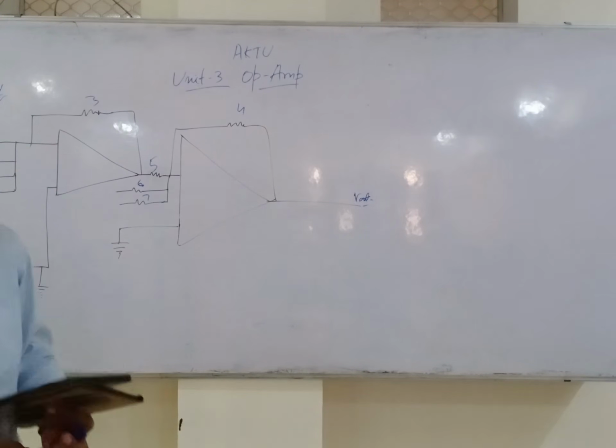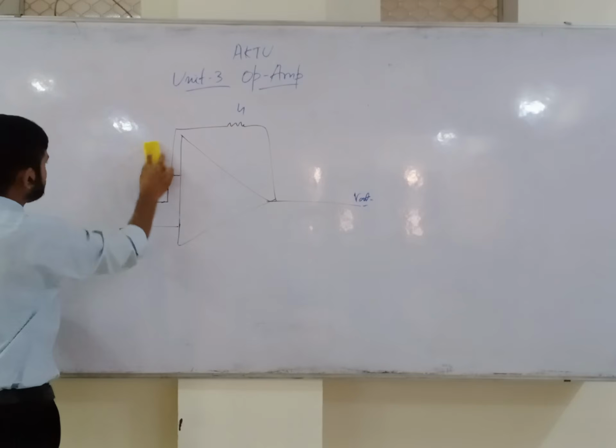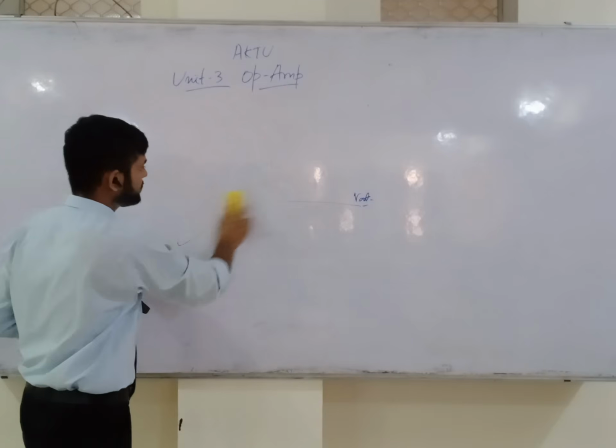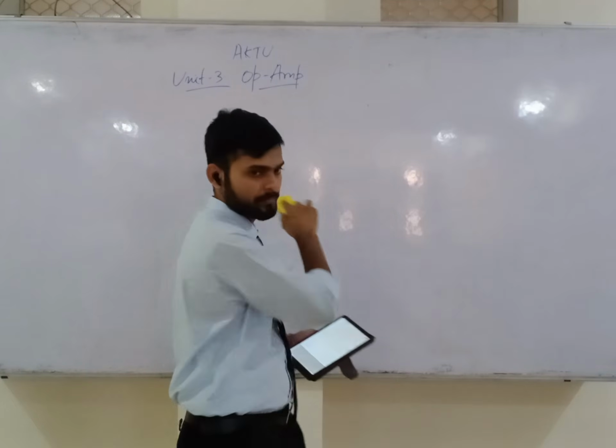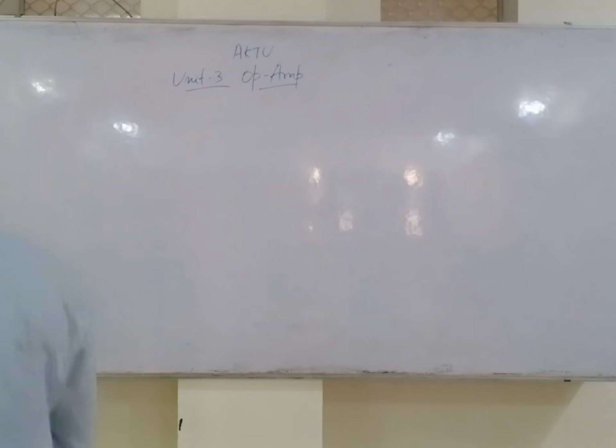Now we will proceed to another topic. It's called the block diagram of op-amp. What is the block diagram of op-amp? The block diagram of op-amp is basically how the op-amp works. This is the block diagram of op-amp. Now the block diagram of op-amp has four stages.